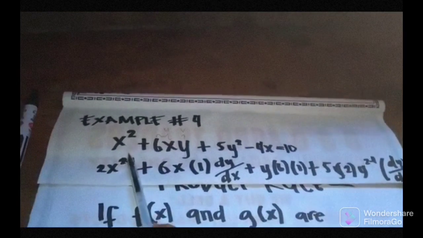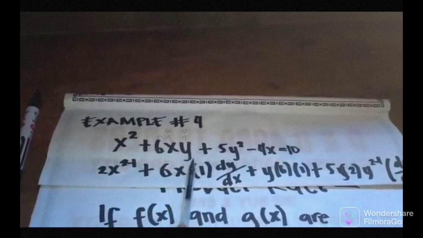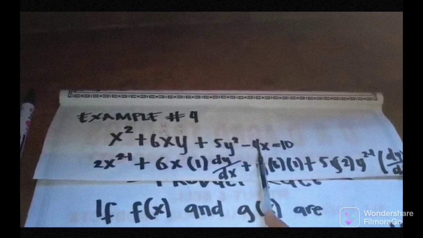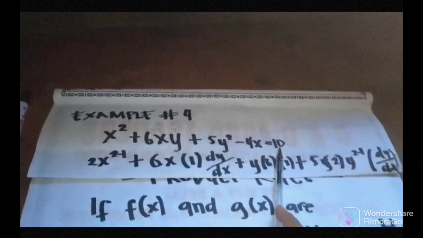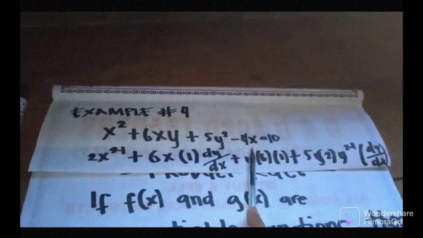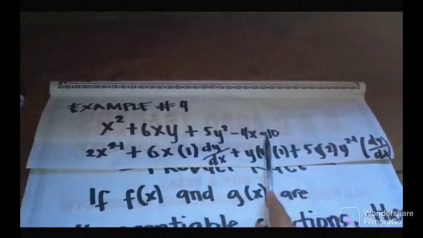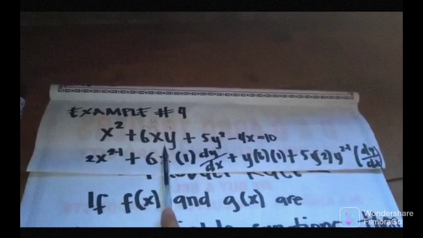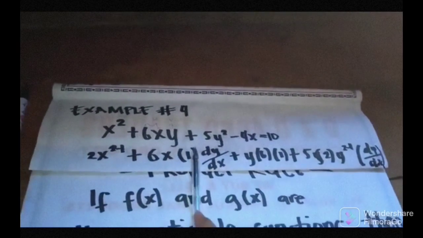Example number 4. X squared plus 6xy plus 5y squared minus 4x equals 10. To find the derivative of this function, we will first differentiate each term with respect to x.